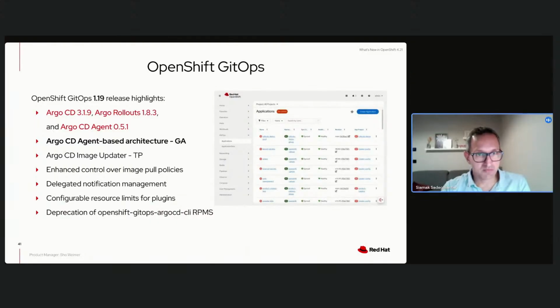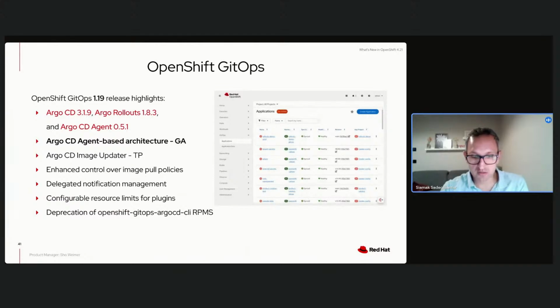Thank you, Carlos. OpenShift GitOps 1.19 is released alongside OpenShift 4.21. In this release, the significant feature is the Argo CD agent that has reached GA status, generally available.